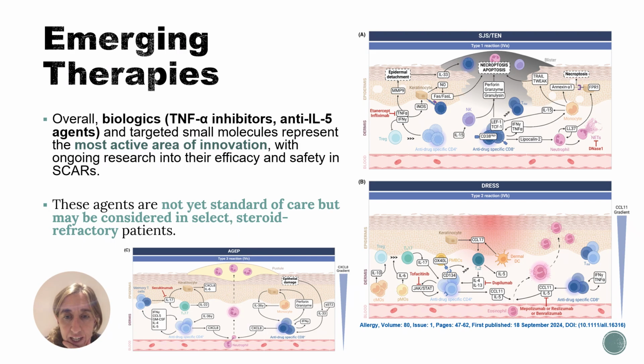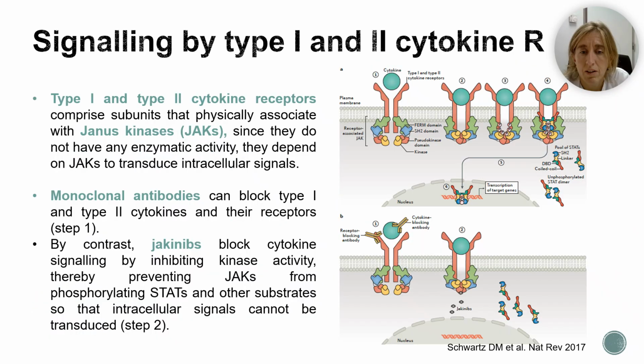So we can see here we have etanercept, which is the one that has been more frequently used, and infliximab, and here we have other options, and here also the JAK inhibitors. It's promising, although the accumulated evidence is relatively poor. It's an option for patients with refractory disease, SCARs refractory to steroids.